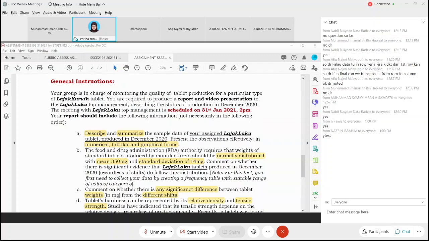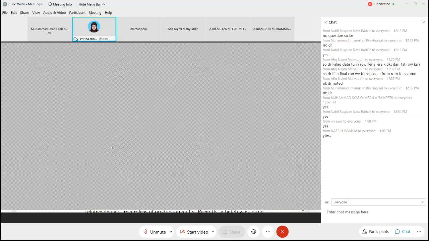The numerical summary you can find using Excel. If you look at Excel data analysis, you do have the summary, how to get the descriptive statistics.